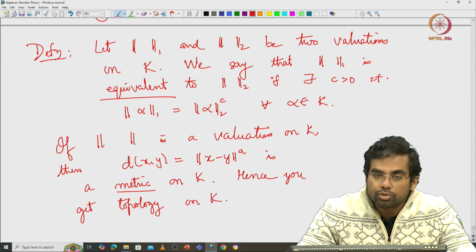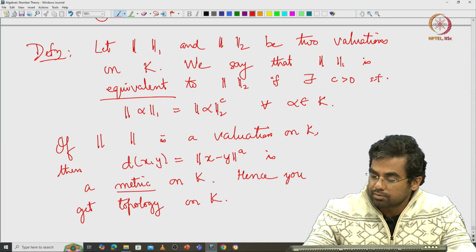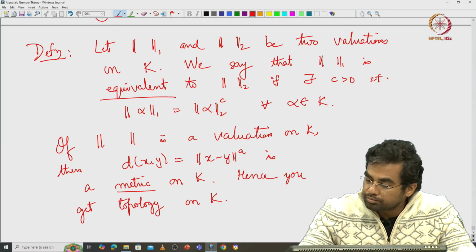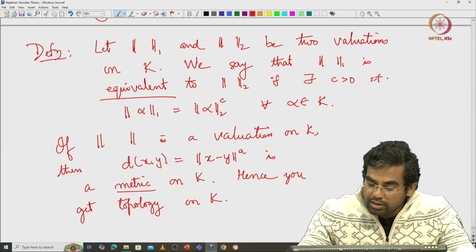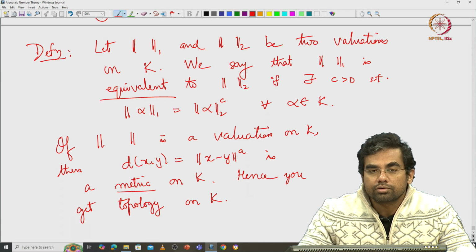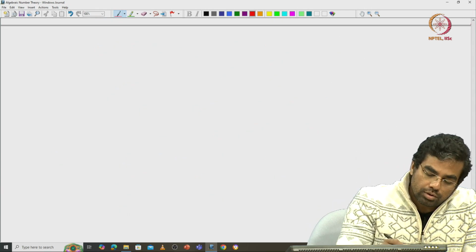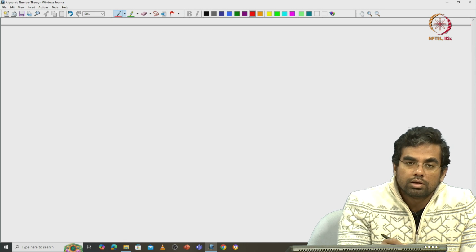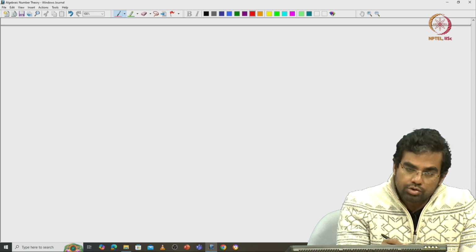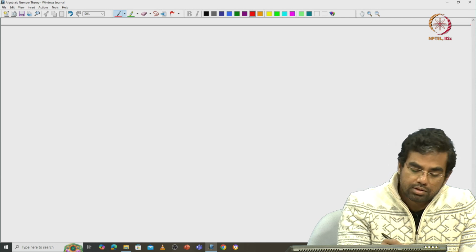Okay. So, you turn K into a metric space. Now, the distance of course depends on the choice of valuation, but the topology on K does not depend on the choice of the valuation as long as two valuations are equivalent.